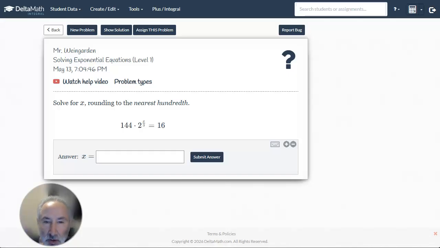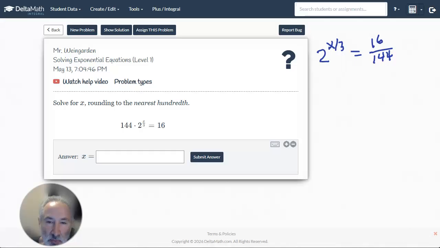pinch out. Okay, so this will be 2 to the power of x divided by 3, and that'll be equal to 16 over 144. And to save us some time, I'm not going to go through every step. You can see all the steps if you want to by going to show solution. But I want to make sure you guys are with me on this.